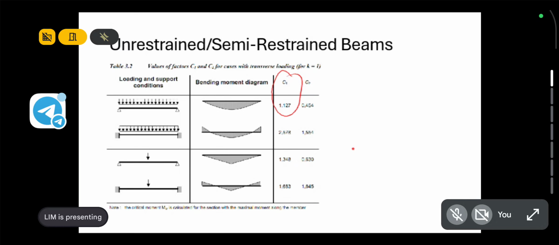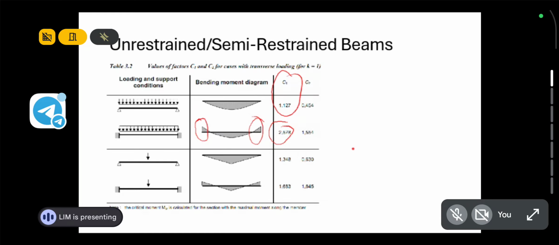Okay, now, if your beam is continuous, or if you have fixity at the ends of your beam, that means you have moments at the ends of your beam, like the second case. Therefore, C1 is now 2.578.